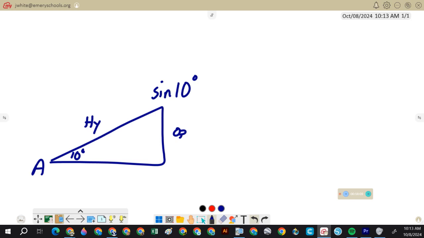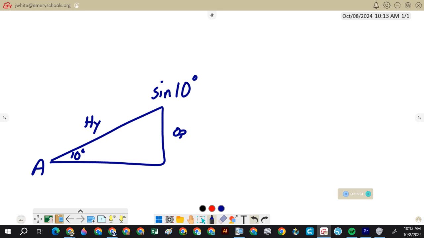So if I have a little tiny triangle and I'm looking at a 10-degree angle, and you have a really big right triangle and you're looking at a 10-degree angle, my O divided by my H is going to be the exact same value as your O divided by H. We'll get different fractions, but your fraction will simplify to be my fraction. Which means we don't even need the triangle to figure out what that is.